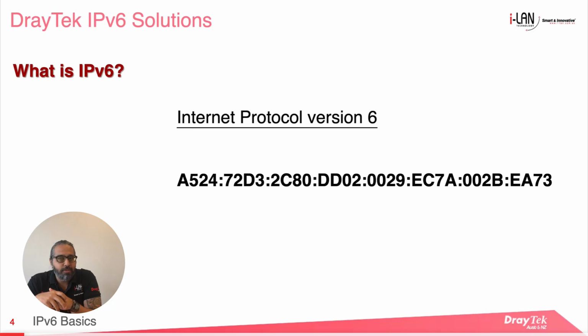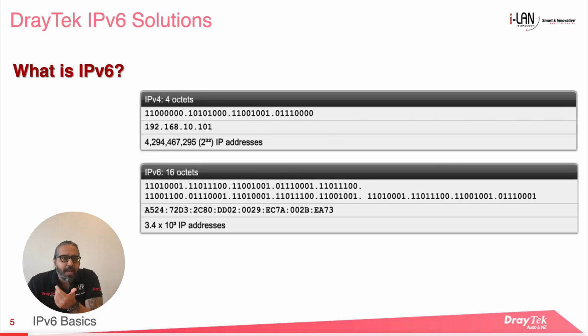One thing you notice right away with IPv6 addresses though is why are they so long, and what's with all those letters and numbers? What do they mean? So IPv4 gave us 32 bits or 4 octets of binary numbers, which equates to 4,294,467,295 unique IP addresses.